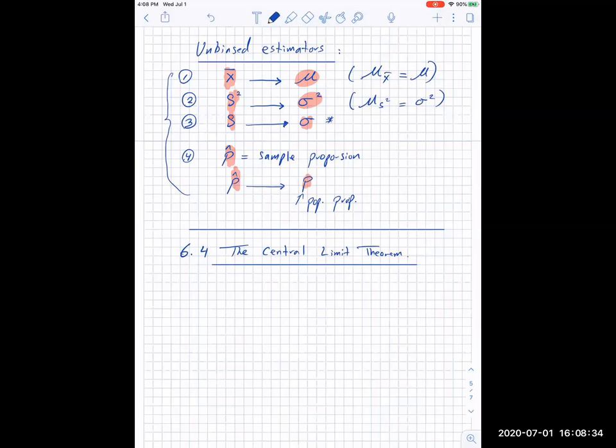Very important theorem that is the foundation for a lot of statistical methods. Here's the statement of the theorem.